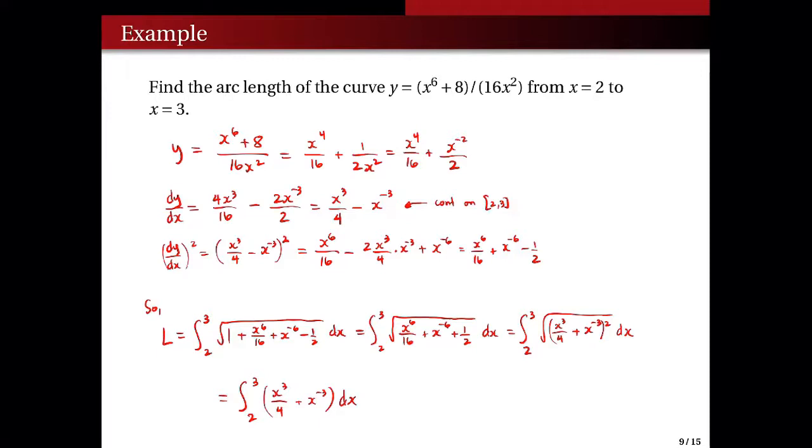So anyway, from here, we'll integrate. So you will get x to the 4 over 4, but there's still 4 in the denominator. Then plus x raised to negative 2 over negative 2.